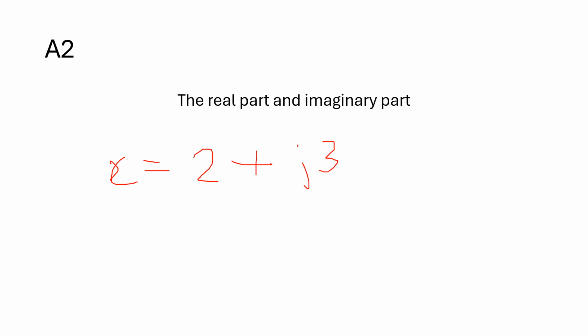Okay, and then next we need to learn how to add and subtract complex numbers. So let's say, for example, we have a complex number that consists of both a real part and an imaginary part. Let's say it's 2 plus j3, and then it's added with another complex number, which is, let's say, 4 plus j7.